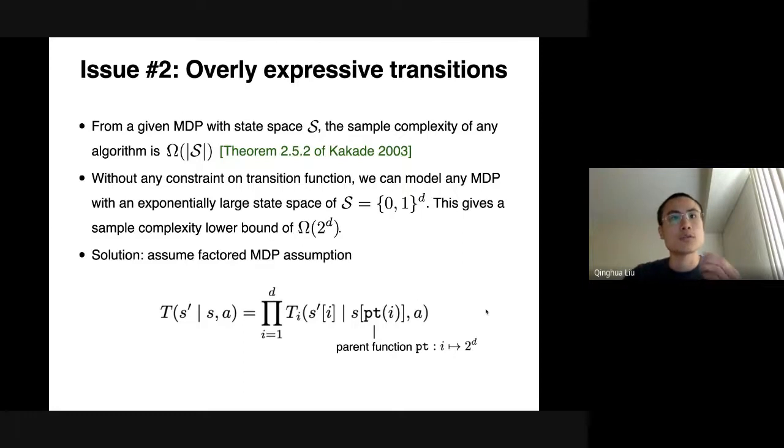So we need to pose some extra structure on the problem so that we can avoid this hardness result. What we assume is each factor only has a relatively small number of parents, as we have seen in the previous example. This assumption is often satisfied in practice, and it can help us avoid this 2 to the d lower bound and make sample efficient learning possible.